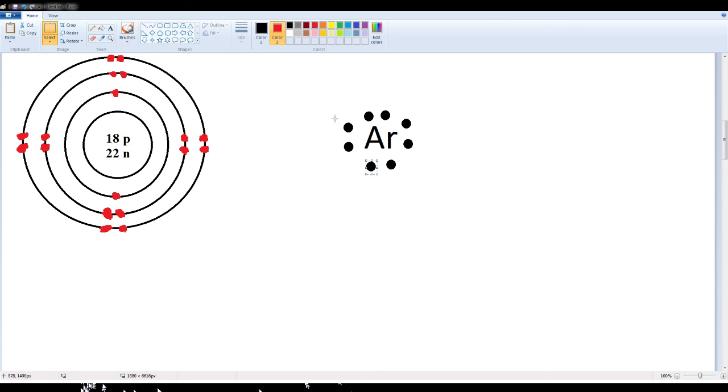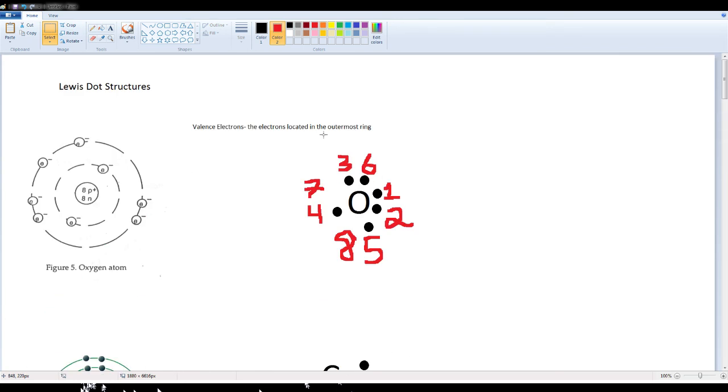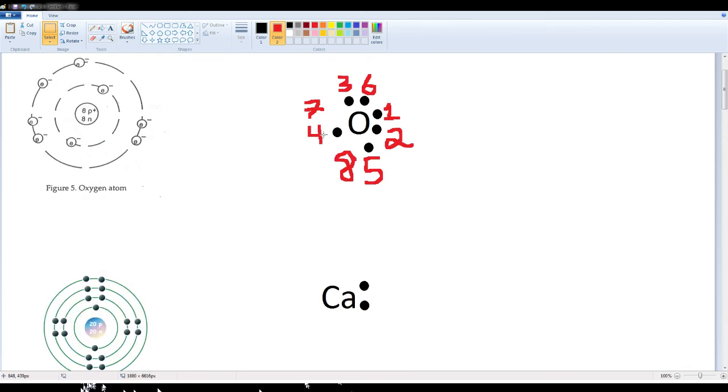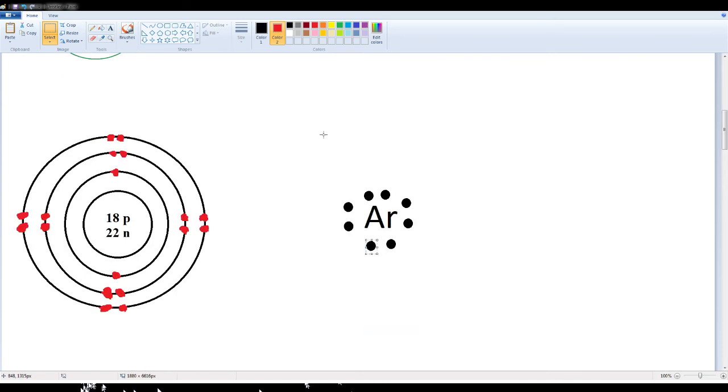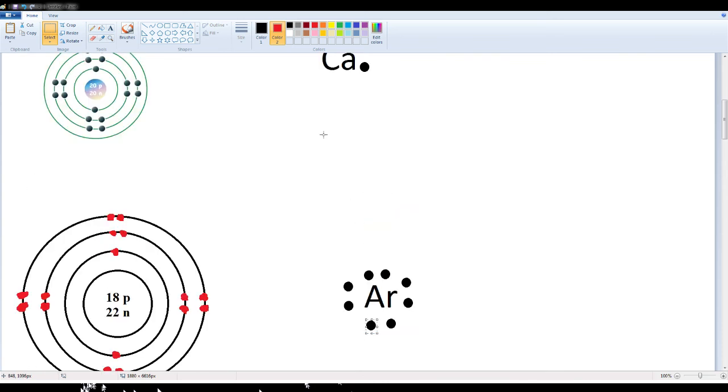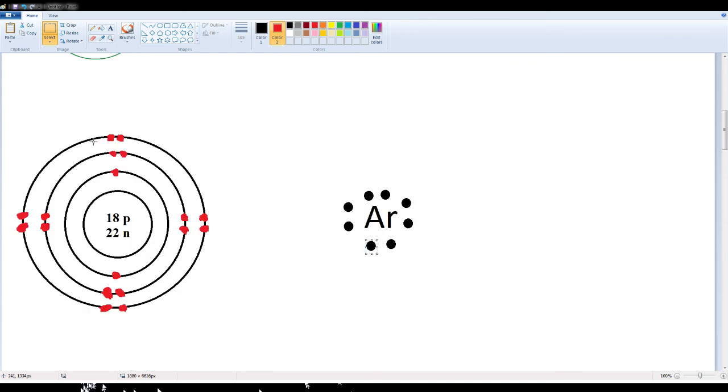I want you to draw the Lewis dot structure for the element that you were assigned. We've already done a couple together. So if you have oxygen, calcium, or argon, you should have no problem getting that right. If you have something else, you should have no problem getting that right too. Just remember, we only include the ones in the valence shell, the outermost orbital.